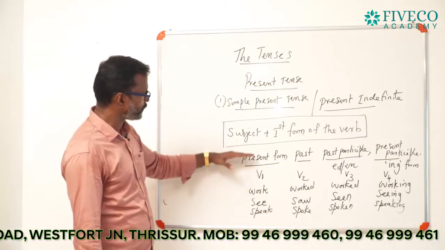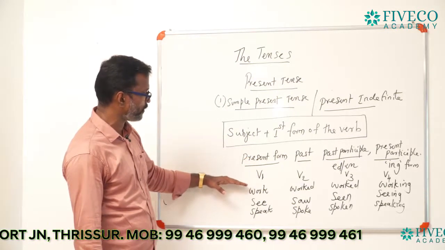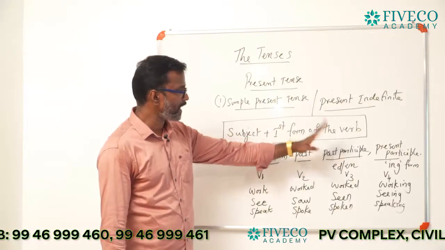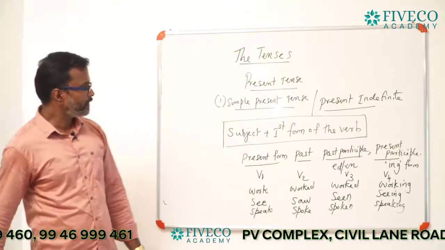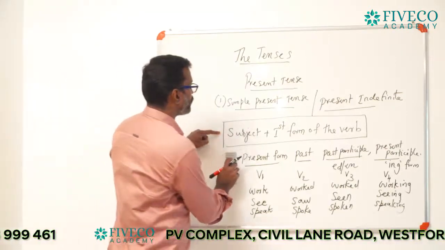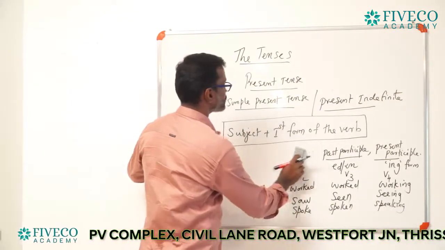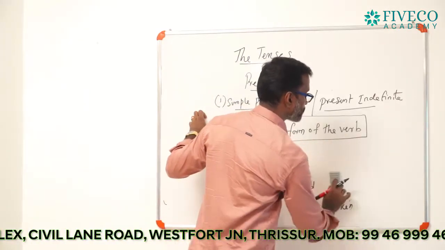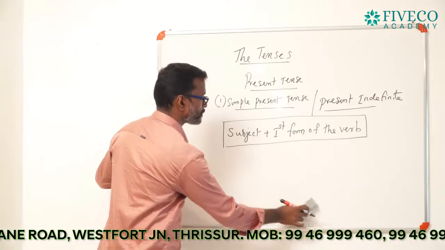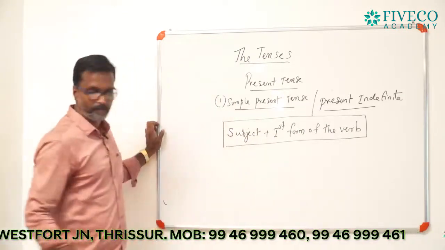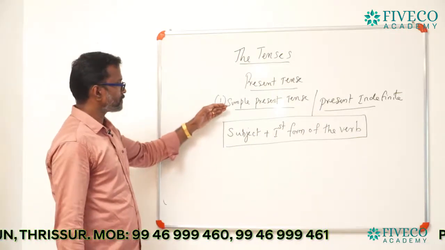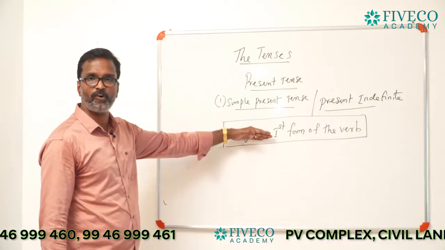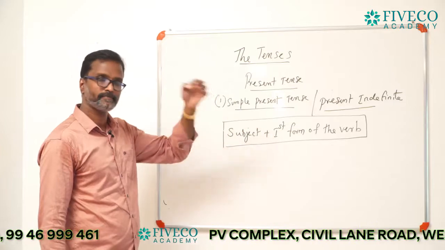So, I told you about the four divisions of the verb: present form, past, past participle and present participle. Now we can go directly to the structure: subject plus first form of the verb. In present tense, subject plus first form of the verb is the formula we want to study.